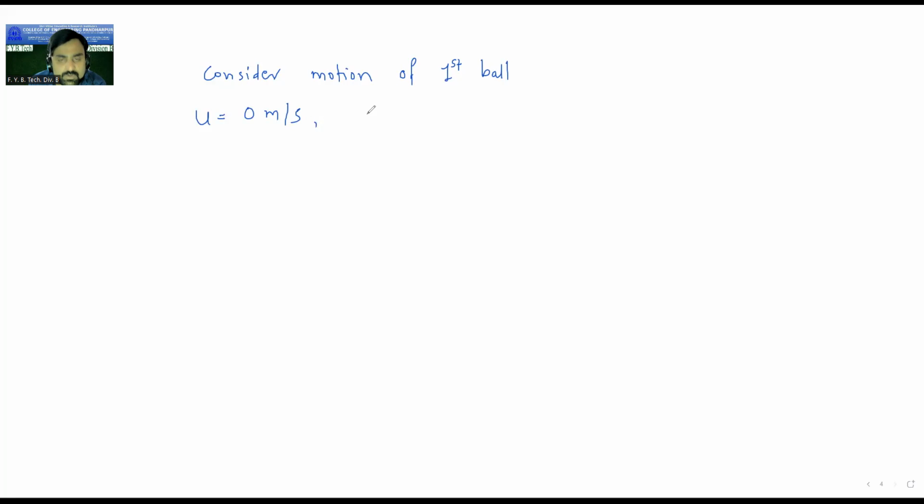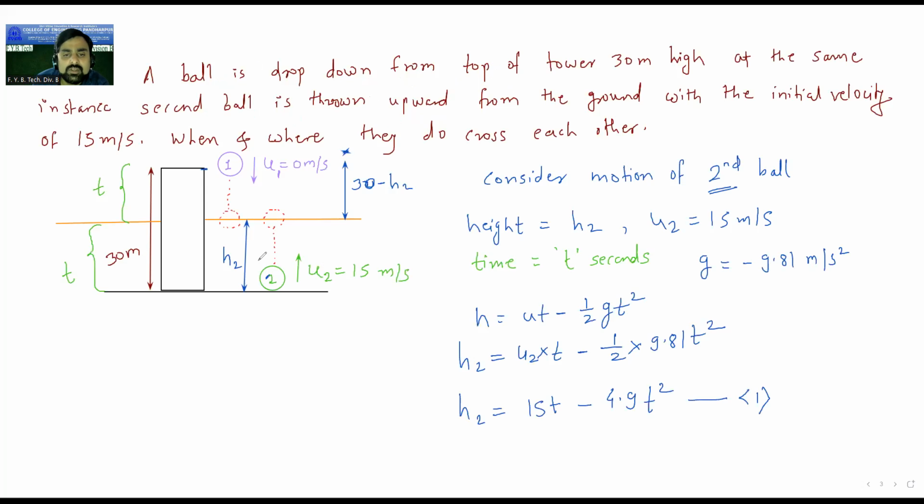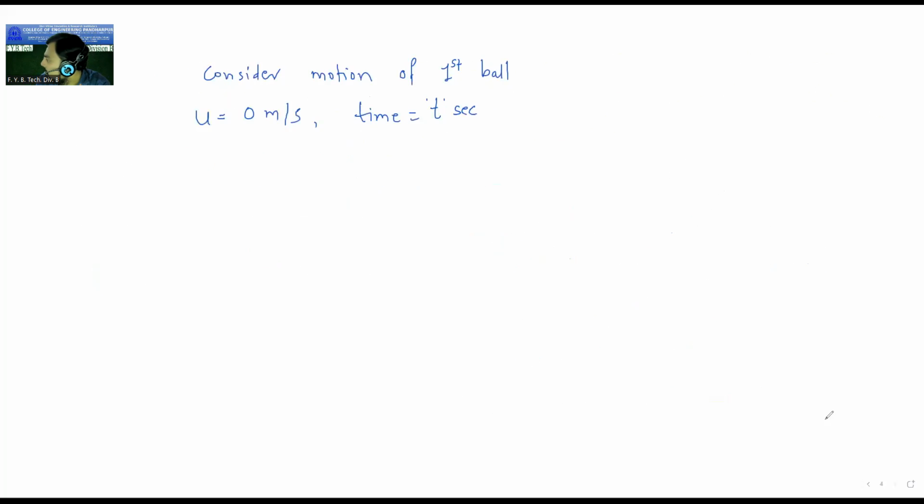Then time is equal to, what is the time? It is t seconds. Then height. Now see, if this is h2, then what is this height? 30 minus h2. So I will write here height: 30 minus h2.